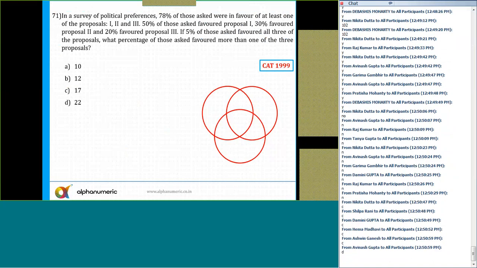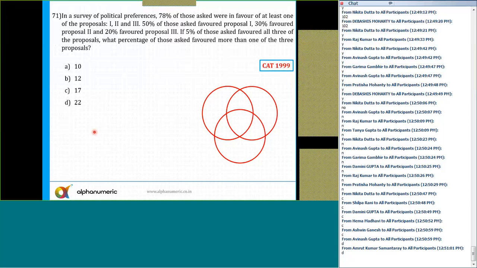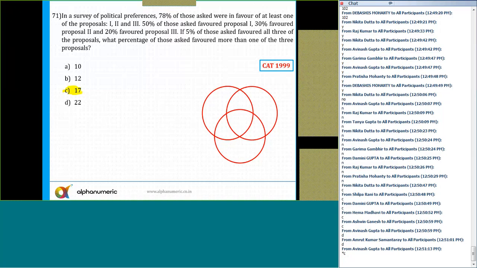The correct answer is option C, that is 70. Let's see. It says in a survey of political preferences, 78% of those asked were in favor of at least one of the proposals.